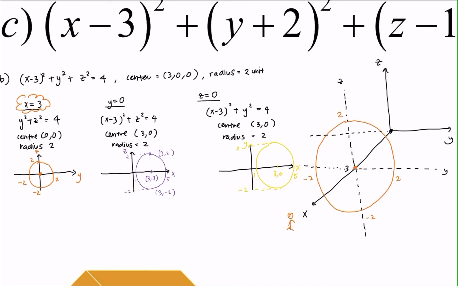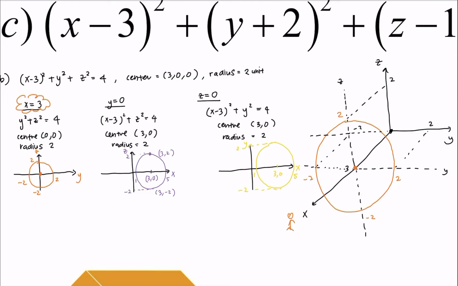If you project there, it will be here, same as that one. The 2 here will be 2, then minus 2, and so on. So it's in front.